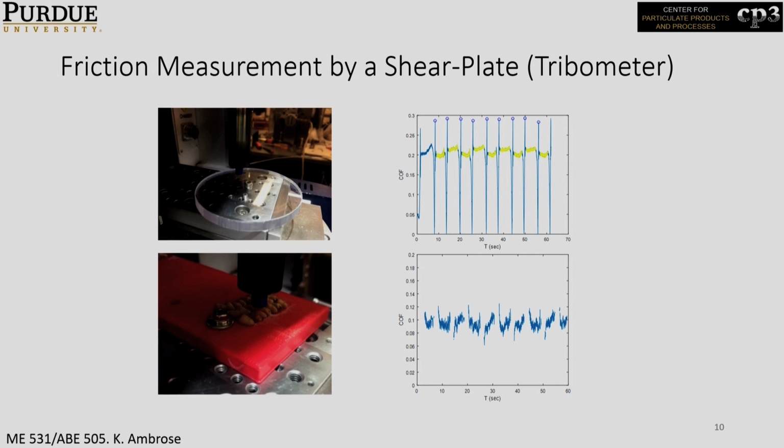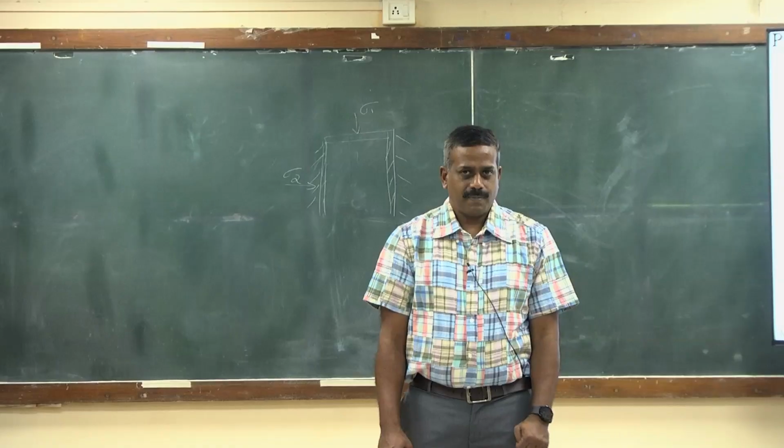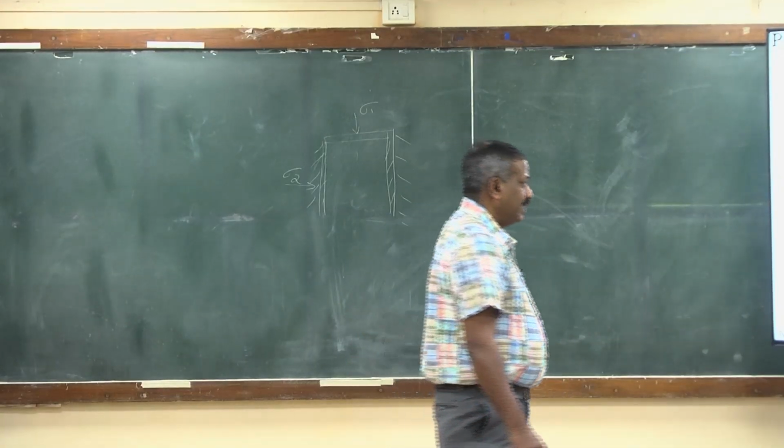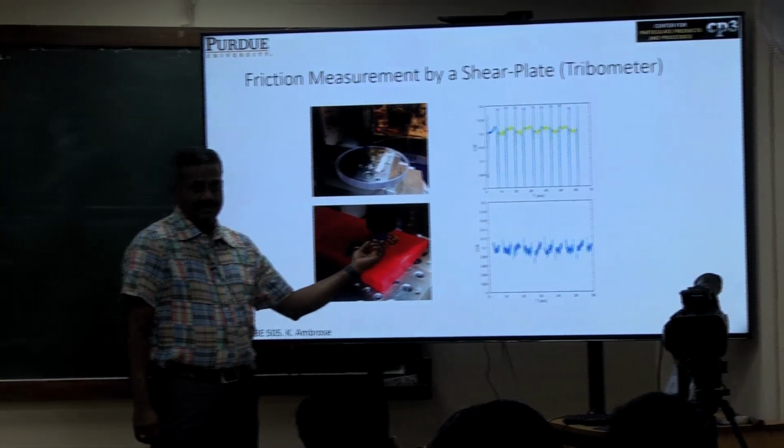So what my student did was he attached some kernels on the bottom of that, and then this is a tribometer that measures the force acting on that surface. It moves on the surface and gets the forces. So for grain to grain, he attached some grains on the bottom of this.